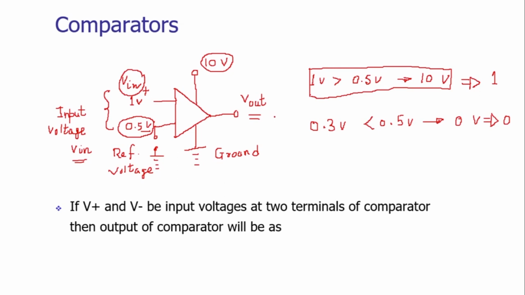So if the input is more than the reference voltage, we are getting the signal 1, and if the input is less than the reference voltage, we are getting the signal 0. So if we combine such comparators together, then we can generate the signal in multiple bits.